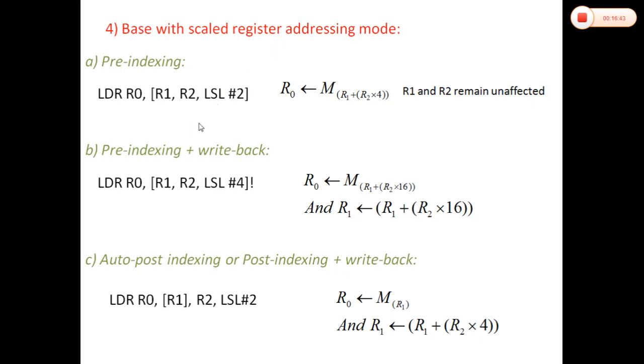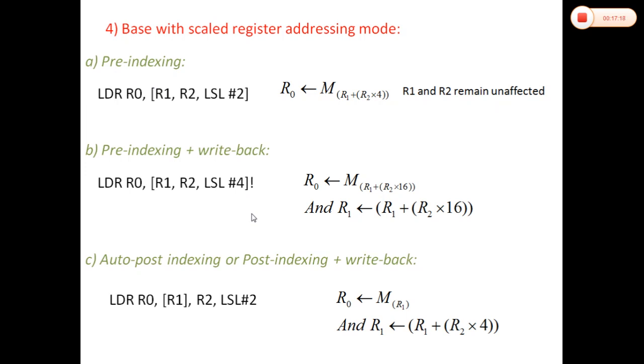In this instruction, for example, the address is generated by adding the scaled register to the base register. R2 is shifted left by 2-bit positions, which effectively multiplies it by 4, and that result is added to the base register to generate the final address. That address is used to copy the content of the memory location to R0. Here again R1 and R2 remain unaffected. That's why it is only pre-indexing.